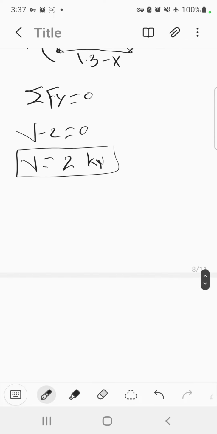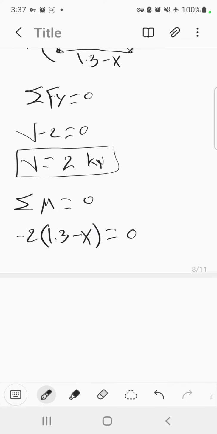Okay, and we need to find the moment. So summation of all moments equal to 0. We know it's minus 2 times (1.3 minus x), sorry, plus m equal to 0.